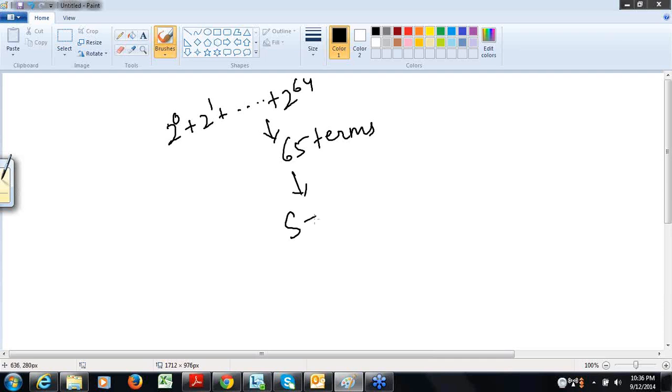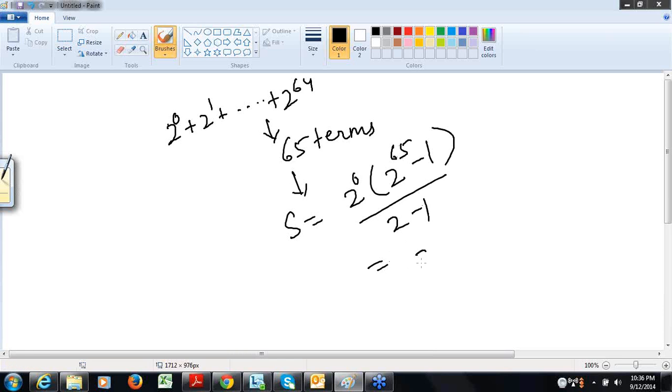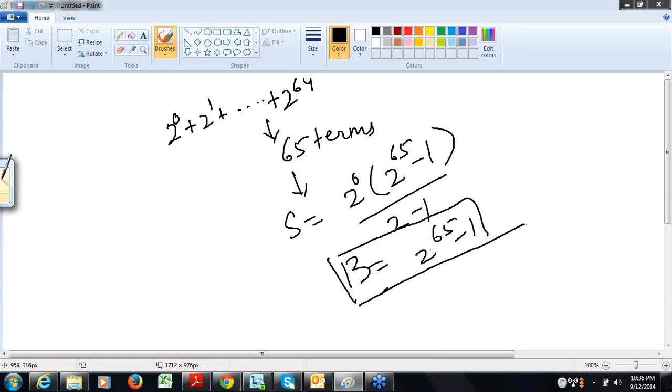So the sum will be a(r to the power n minus 1) upon r minus 1, so it is 2 to the power 65 minus 1. So B is equal to 2 to the power 65 minus 1 and A is equal to 2 to the power 65. So A is greater than B by 1.